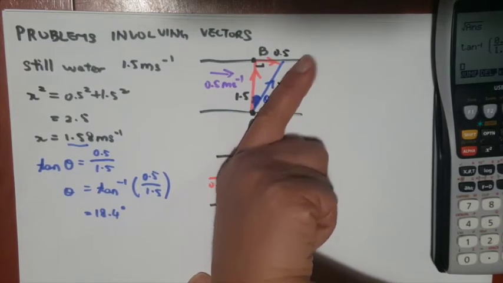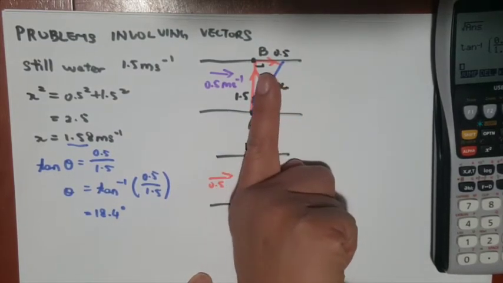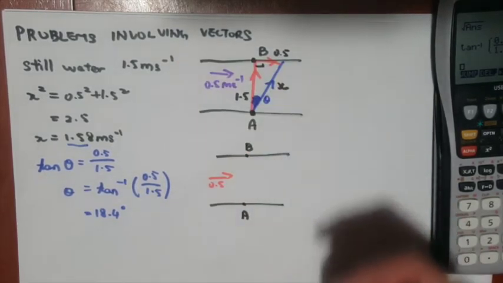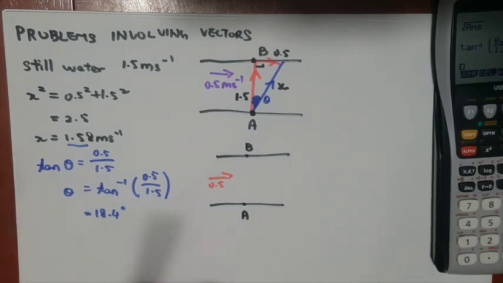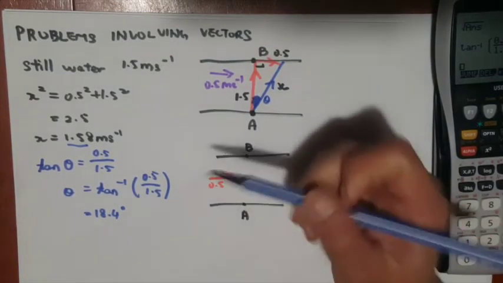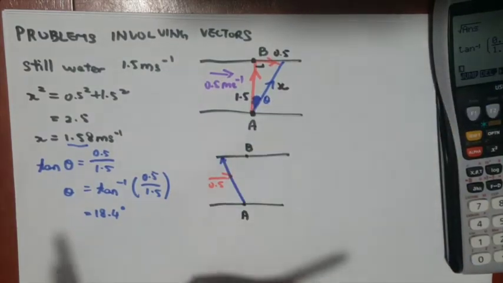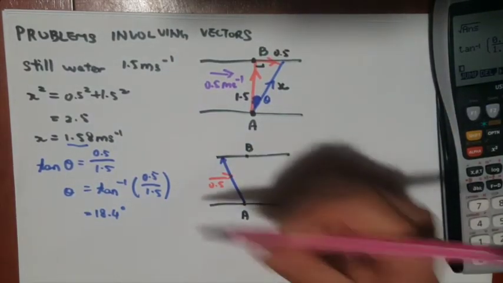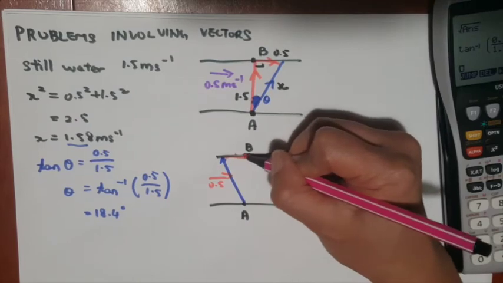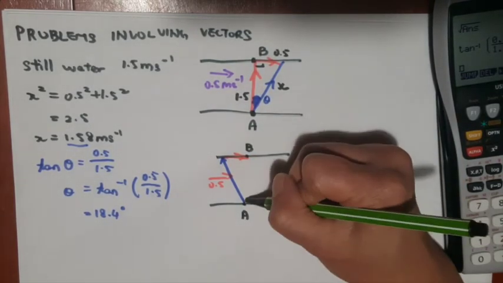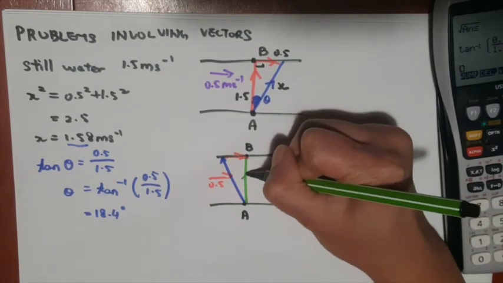So in order for him to reach B straight, he should be aiming slightly to the left. If Jason aims slightly to the left and we add this up with the current going to the right, we get a resultant vector from A to B.